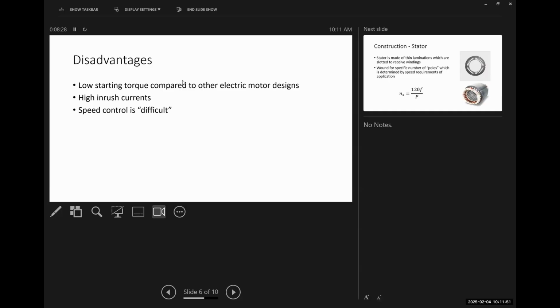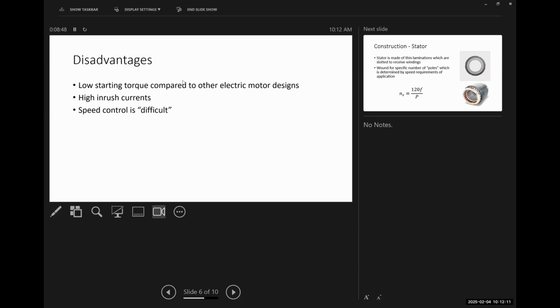And so we're going to see typically 6 to 7 times the amount of rated current flow through those windings as it starts up. That literally lasts for just milliseconds. But if you don't design for that with your breakers and things like that, you can throw your breakers every time you try to turn one of these guys on.